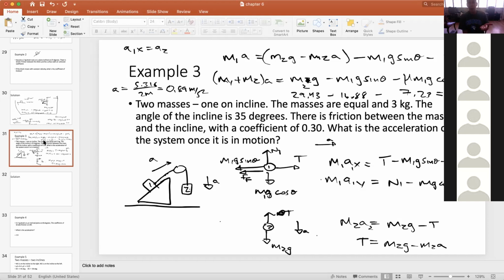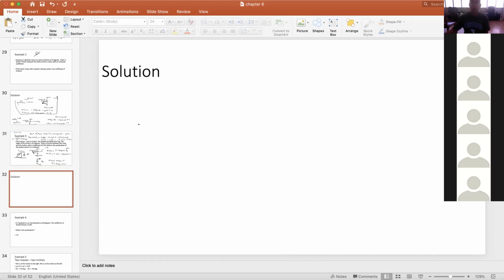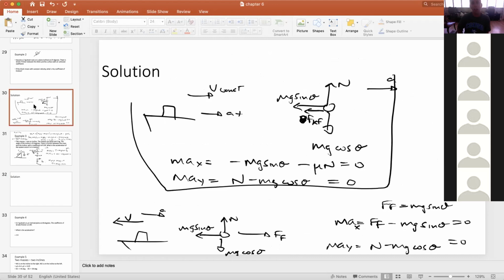It worked out because I got a positive acceleration. The fact that my acceleration was positive told me that I was right. So what happens if we went the other way? If we get the negative numbers, it means that we were wrong. And I'm going to show you that right now.